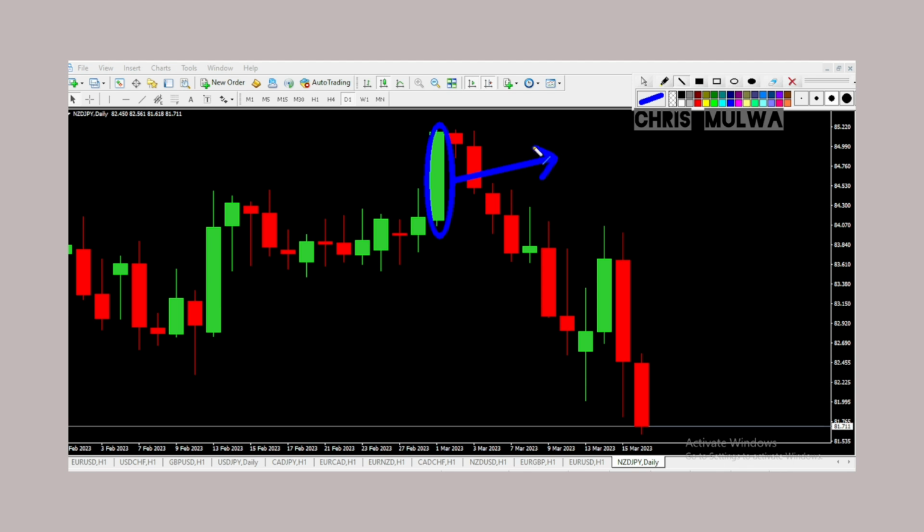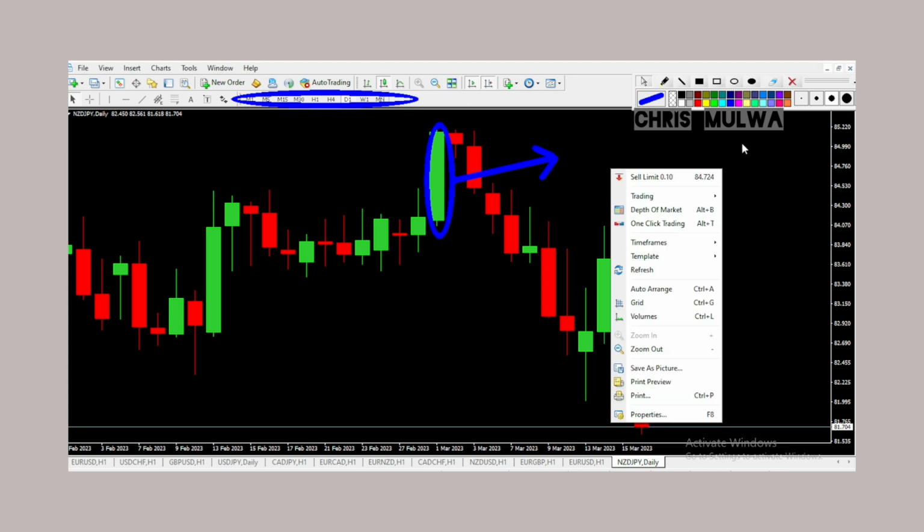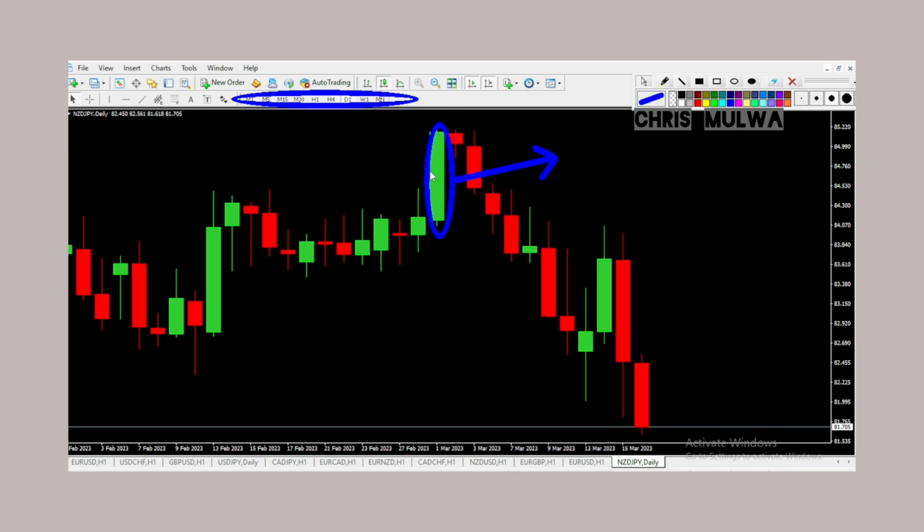We shall read more about candles. Now I want only to check the time frames, and here is where we have time frames on MT4. This is an MT4 platform, so these are time frames. So this is daily, means that the candle was formed in a day, this candle.